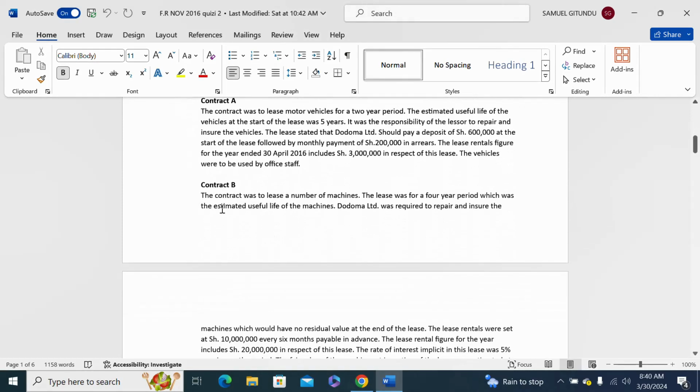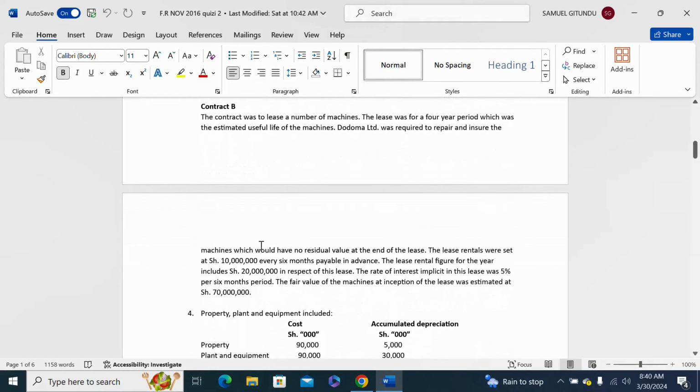Contract B. The contract was to lease a number of machines. The lease was for a 4-year period, which was the estimated useful life of the machines. Dodoma Limited was required to repair and insure the machines, which would have no residual value at the end of the lease. The lease rentals were set at shillings 10 million every 6 months payable in advance.